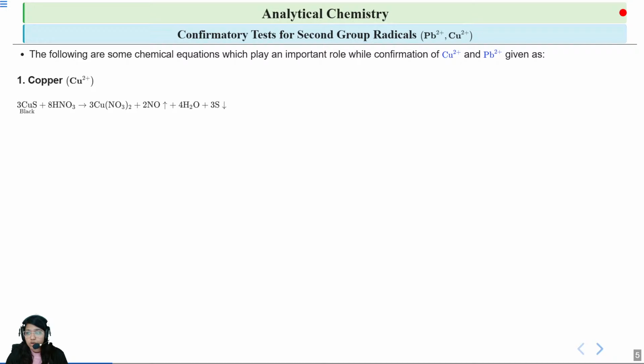And the copper forms copper nitrate, and nitrogen monoxide gas is also produced because nitric acid is acting as oxidizing agent here. It oxidizes sulfide to sulfur and itself gets reduced from HNO3 to NO. In HNO3, the oxidation state of nitrogen is +5, but in NO it is +2. So it is getting reduced. So copper forms copper nitrate and nitrogen monoxide is also produced during this reaction. Water is also formed as a byproduct.